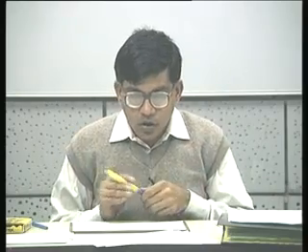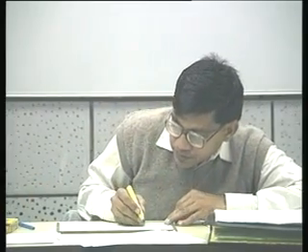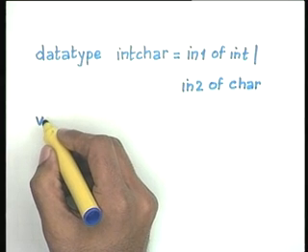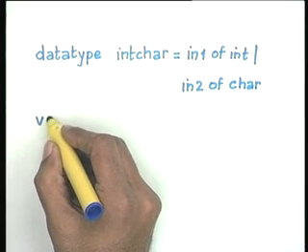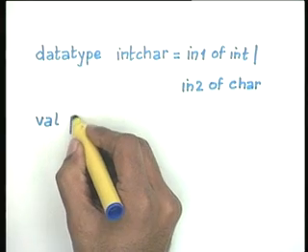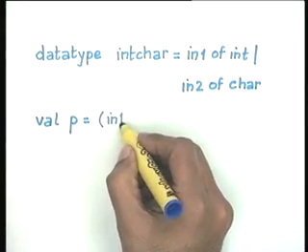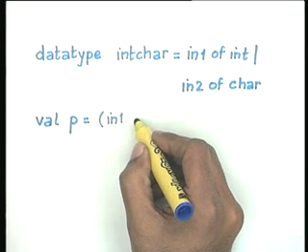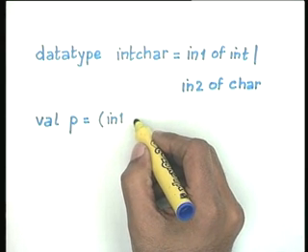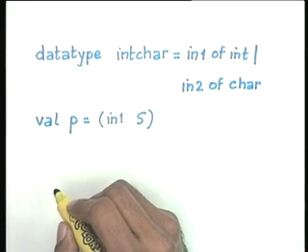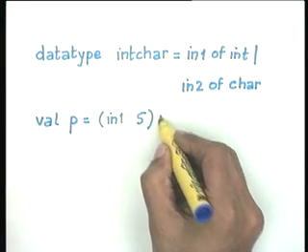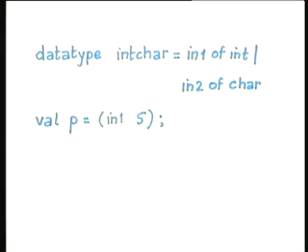Whenever you are assigning a value to this data type, you would actually write something like this: in1 5, let us say, right. So, this clearly specifies it. The injection function itself acts as a tag, and they have two distinct tags.